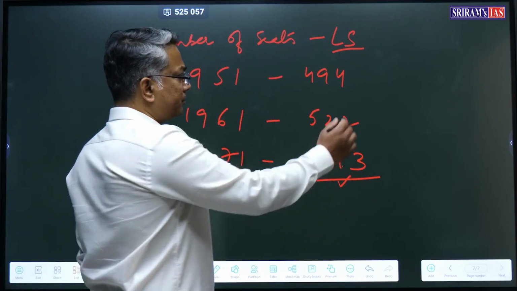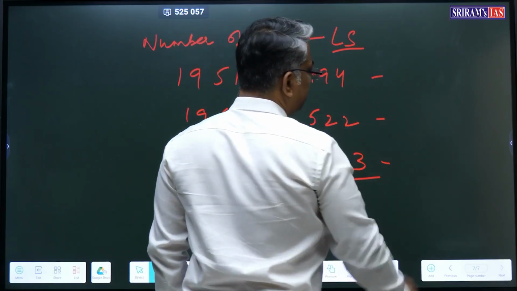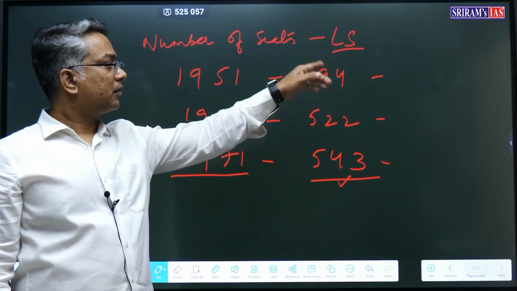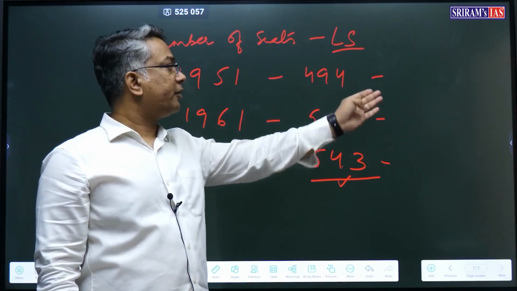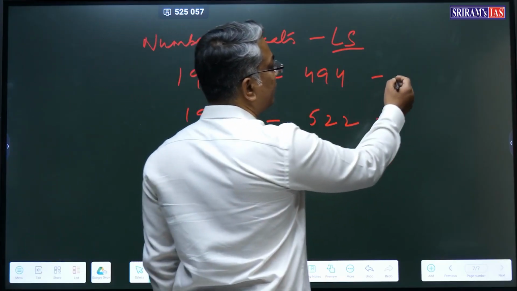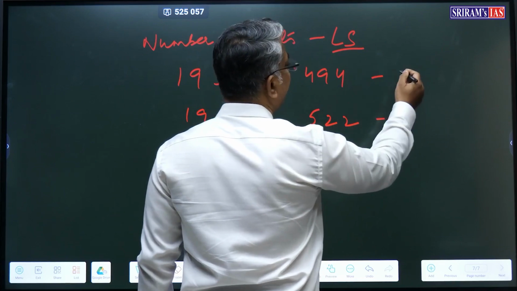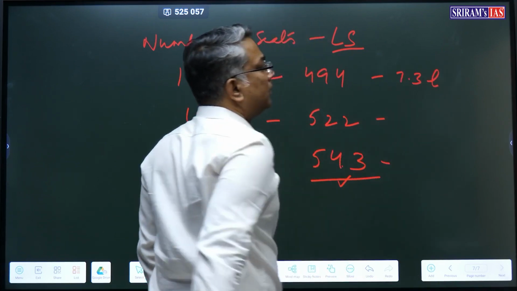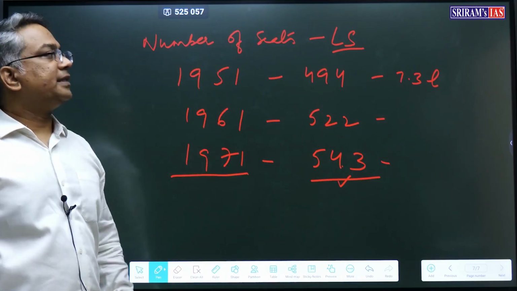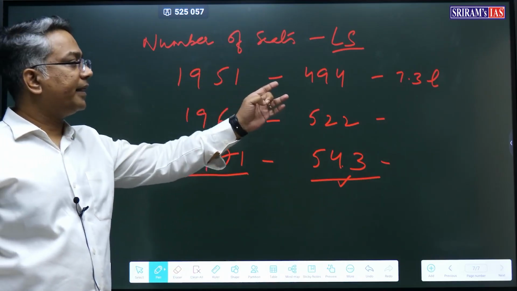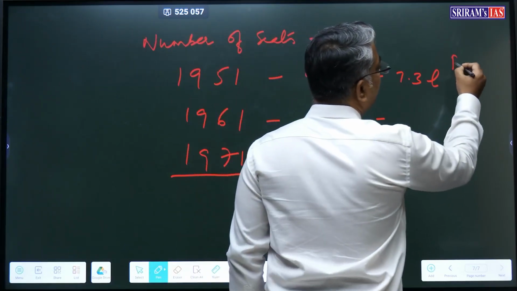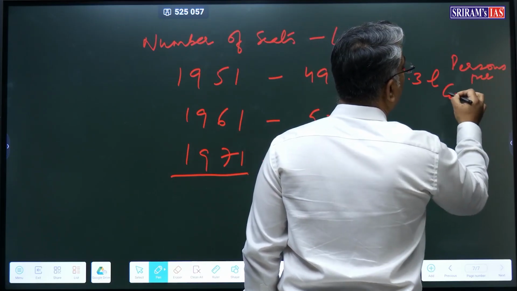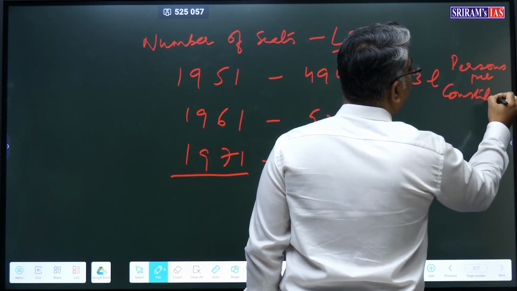Okay, so for the process of election, the state is divided into territorial constituencies. Each territorial constituency in 1951 had 7.3 lakh persons, that is, each seat represents 7.3 lakh persons per constituency.